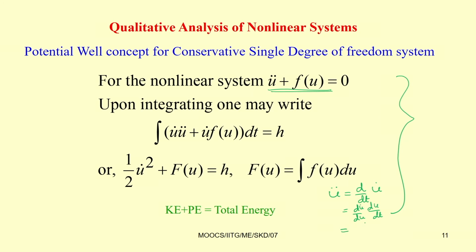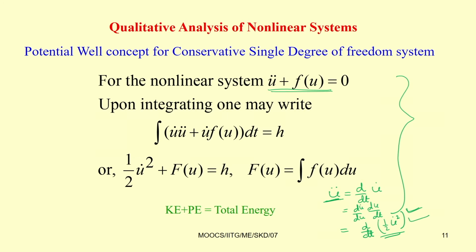So this is nothing but d by dt of half u dot square. So d by dt of half u dot square equals u double dot. This acceleration term u double dot can be written using this energy term. Half u dot square is the kinetic energy, which you already know as half m v square, half into mass into velocity square.